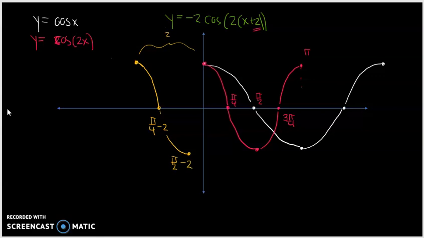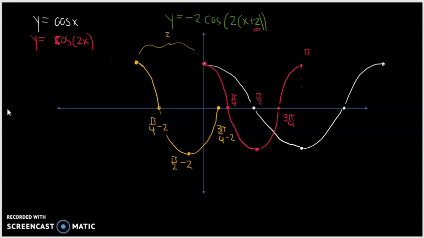The next point, 3 pi over 4, about 2 1/4, is where it's back at 0, that is 3 pi over 4 minus 2.